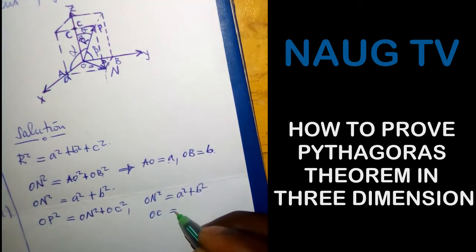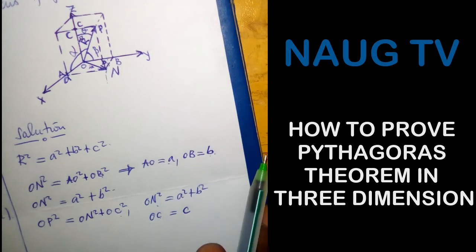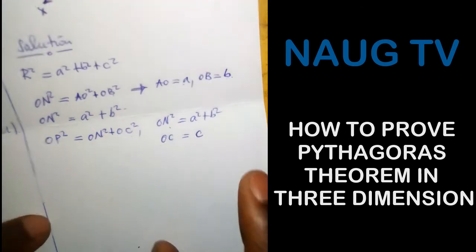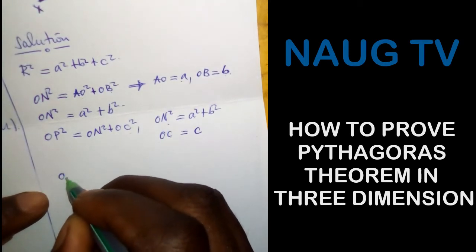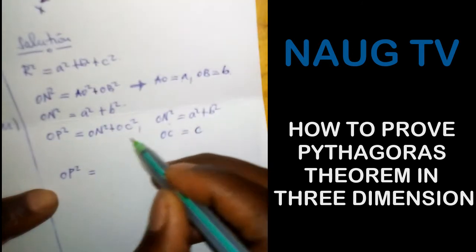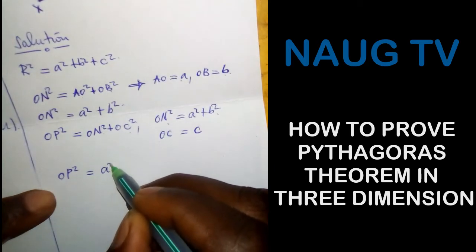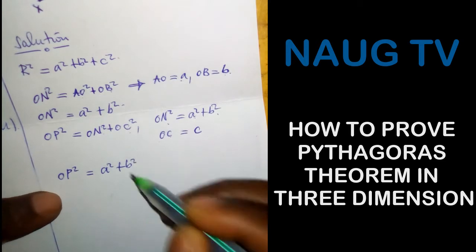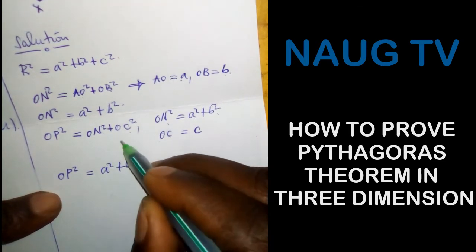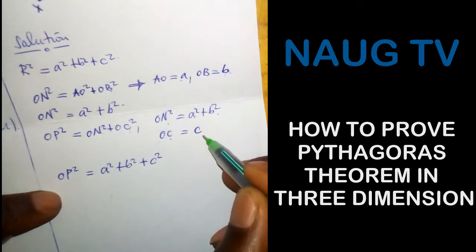So replace ON squared and OC squared here with their values. We get OP squared, which is equal to ON squared, which is A squared plus B squared, plus OC squared, which is C squared, because OC is equal to C.